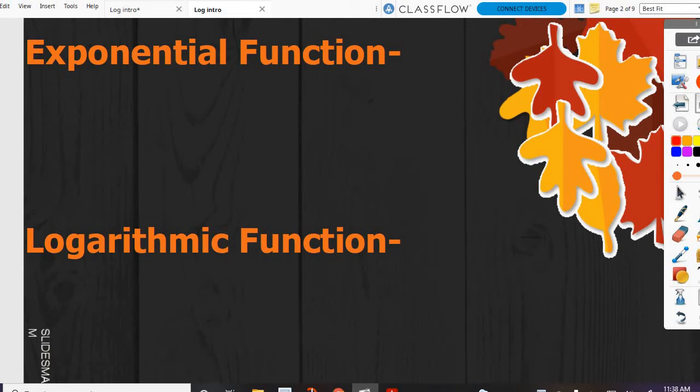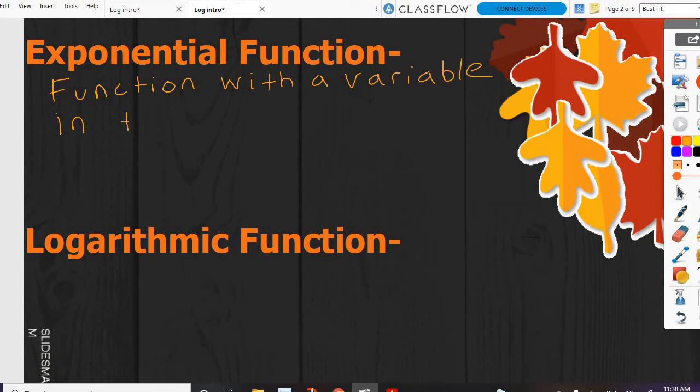Agreed. So remember, we talked about yesterday that our exponential functions are a function with a variable in the exponent.